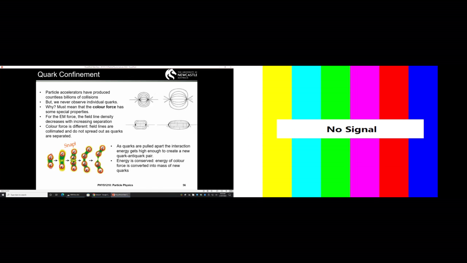So here we're just creating a new pair of quarks in the middle, and suddenly this C and anti-C that we were trying to observe individually, they've now got some partners again, and they're stuck to something else. And this is the kind of thing that you see if you try to take a meson made out of two quarks and split it up. If you put in enough energy, you just get extra stuff coming out.